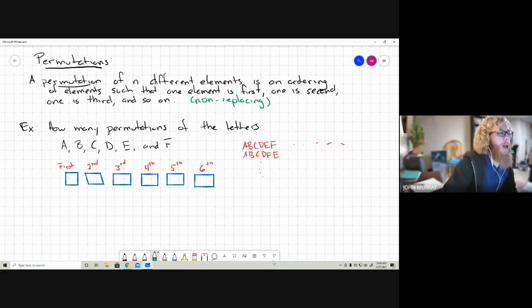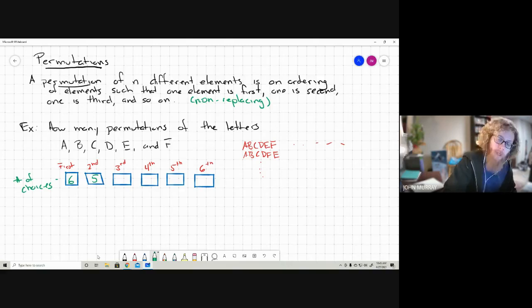Okay, for the first spot, I have my choice of all 6 letters. 1, 2, 3, 4, 5, 6. Right? So I have 6 choices. Now, after I pick that first letter, whatever letter it may be, for the second one, we no longer have 6 choices. Now we only have 5 choices. All right, so if I picked A first, I can't pick A again. So I only have 5.